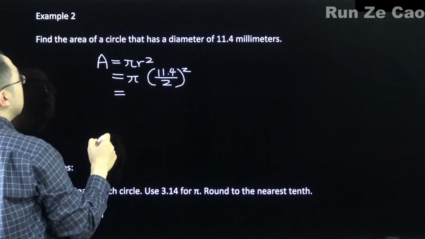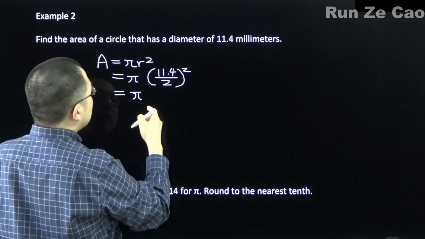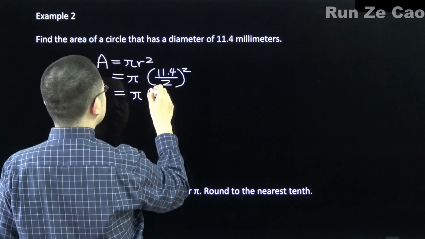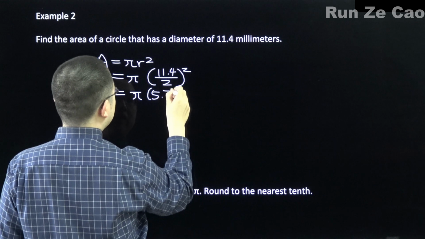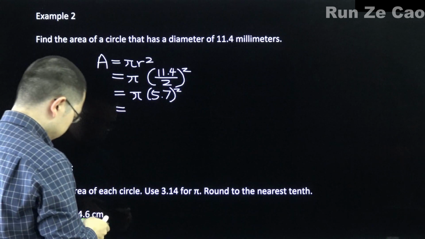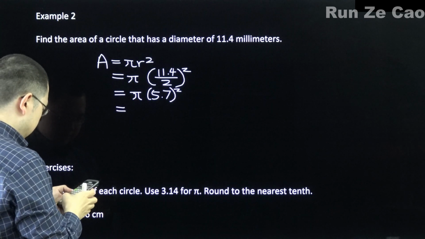So, pi, 11.4 divided by 2, well, that's 5.7. We'll square that. 5.7 squared times pi.